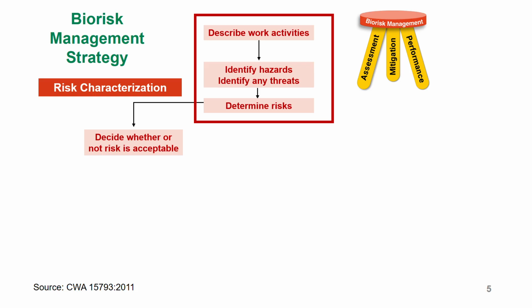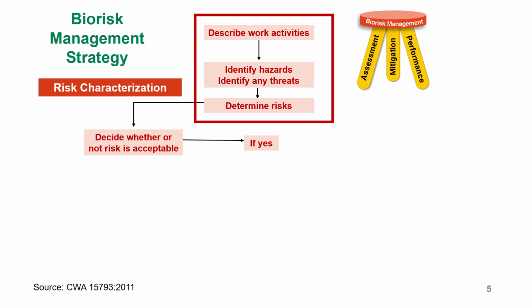So there are two routes you follow after you do your risk determination or your risk acceptance. One of the routes is if you say your risks are acceptable. You do your risk determination and then you find that, okay, your risks are acceptable.